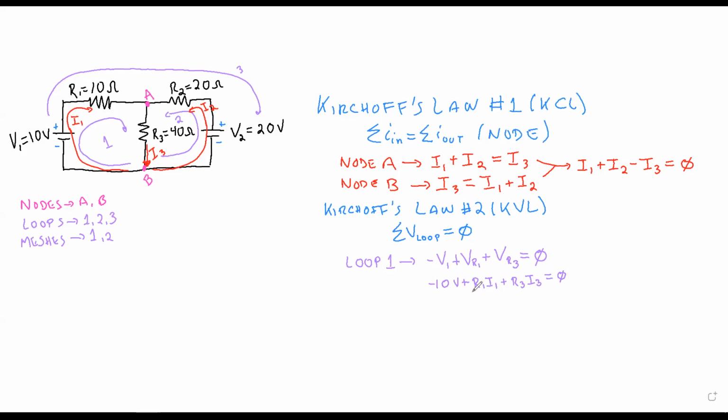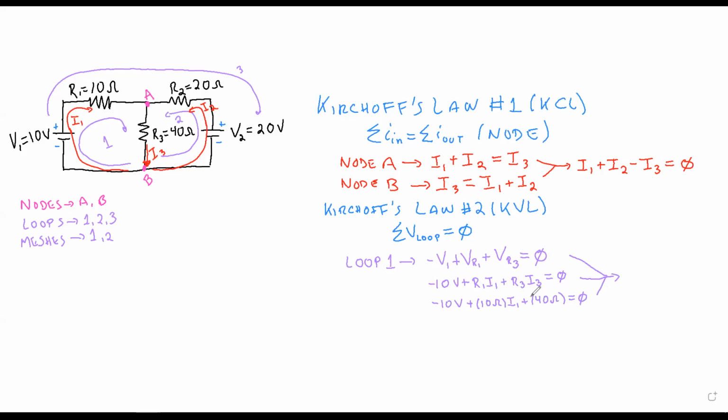I know the values of resistor 1 and resistor 3. Resistor 1 is 10 ohms and resistor 3 is 40 ohms. Now, what am I going to do from all of this? I'm going to remove the units for now.